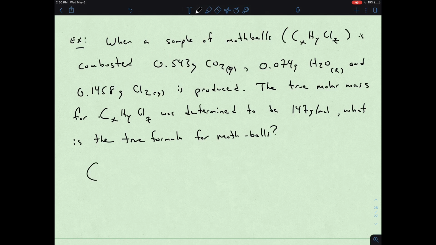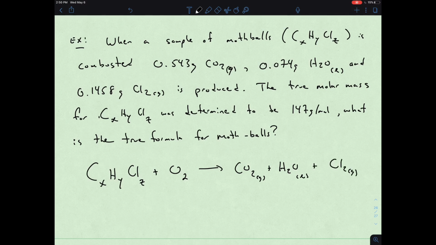So here's our reaction. And so here are the mothballs. It's the molecule that makes those up. And we have certain masses of these products that are actually produced according to that combustion process.